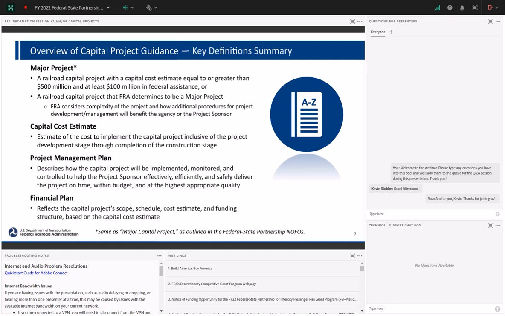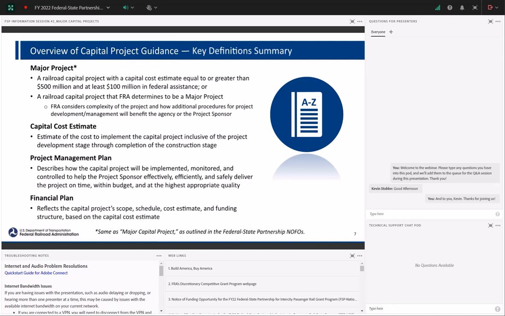So a major project, in terms of the guidance, is a railroad capital project and has cost thresholds associated with it. So the total capital cost estimate needs to equal or be greater than $500 million, and there needs to be at least $100 million in federal assistance to be defined by the guidance as a major project.